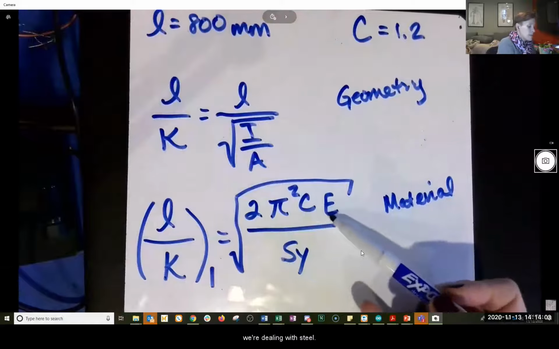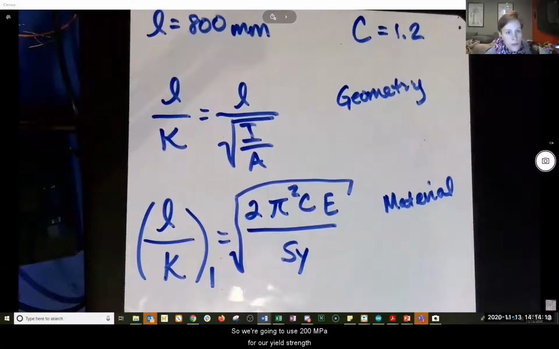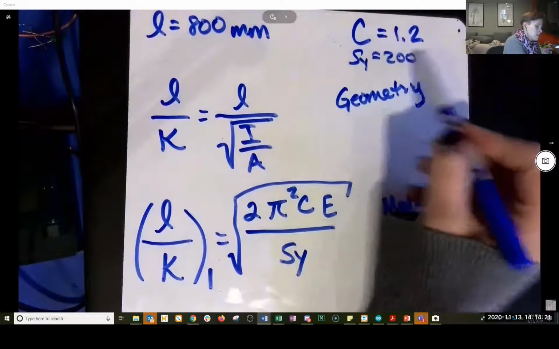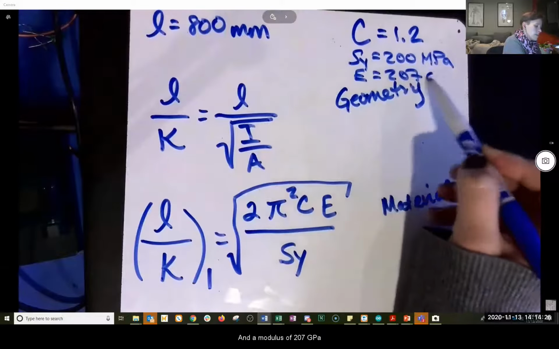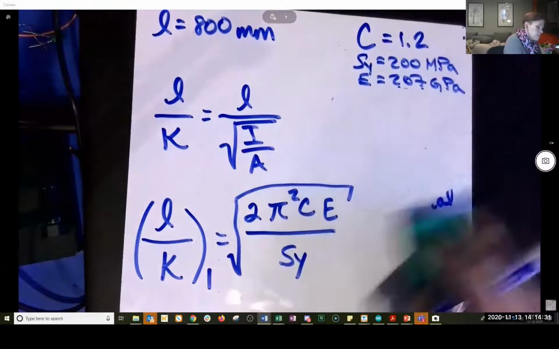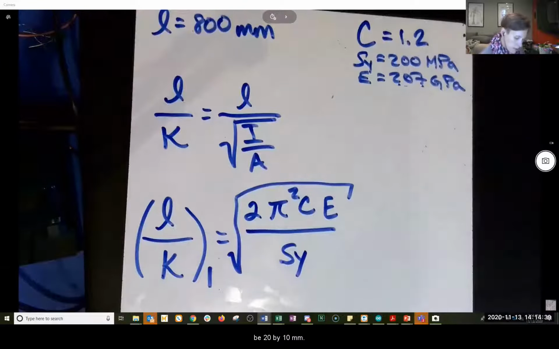We know C, we're dealing with steel, so we're going to use 200 megapascals for our yield strength and a modulus of 207 gigapascals. I know our cross-sectional area, I believe it was given to be 20 by 10 millimeters.